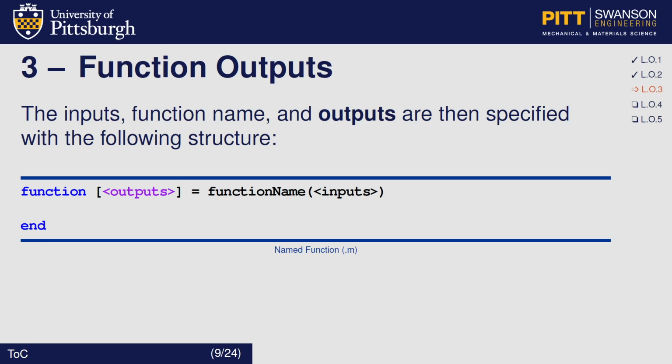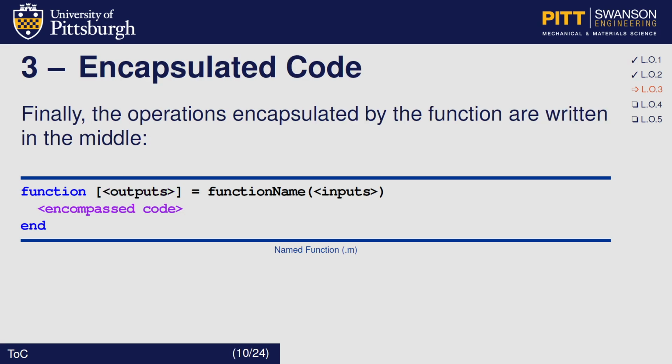Note that the outputs are specified in brackets before the equal sign and the inputs are specified in parentheses after the equal sign. In the case that there are no inputs or outputs, you can leave one or both of those blank. And finally, the operations that actually make up the body of the function are written in between the keywords wrapper.